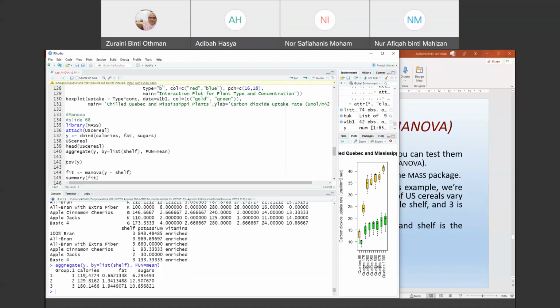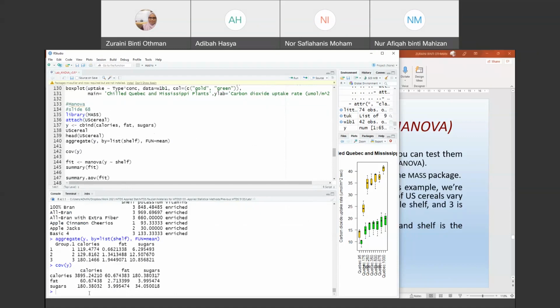Okay, this is the mean for calories, fat and sugar for the group 1, 2 and 3. And this is the covariant. Kan? Okay. Calories je berapa, sugar and fat.